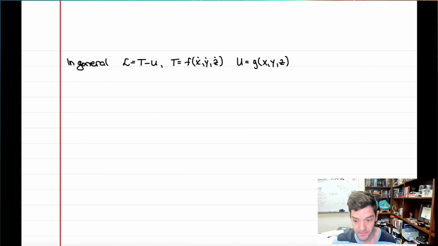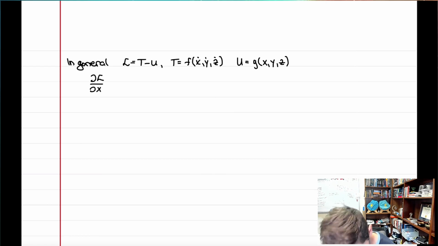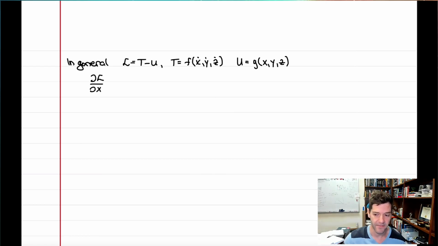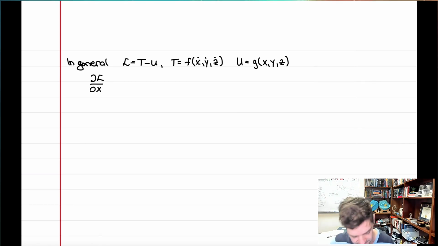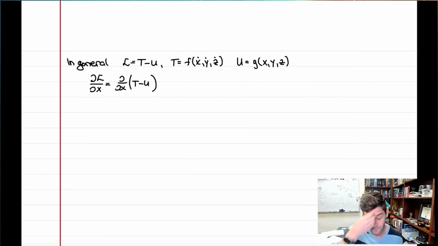So if that's the case, look at what happens when I evaluate the Euler-Lagrange equation. When I do the partial with respect to, let me just stick with x, and obviously all this is going to be the same for y and z. Well, if I take the partial of T minus U with respect to x, nothing's going to happen to the kinetic energy because there are no x's in the kinetic energy.